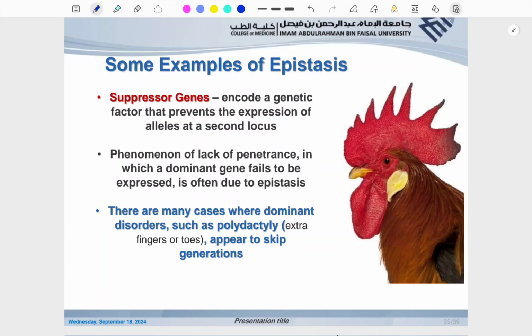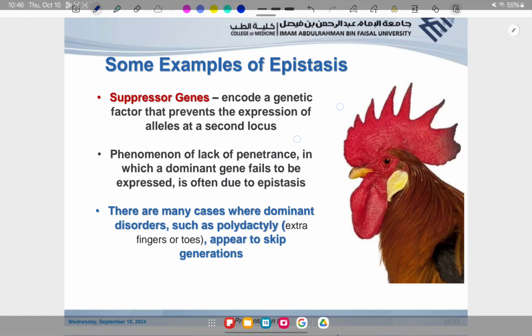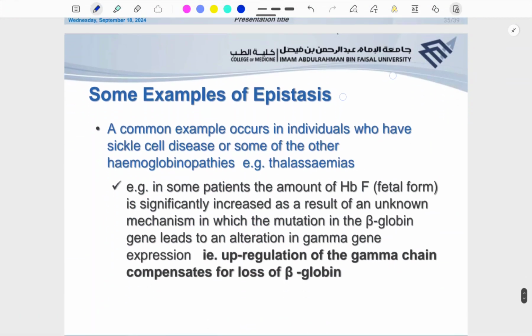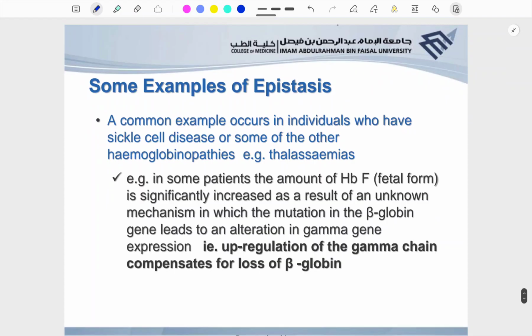Example of epistasis. A common example occurs in individuals who have sickle cell disease. Our patients with sickle cell disease are born with 50% of their blood as fetal hemoglobin. Adult hemoglobin is alpha 2 beta 2. Fetal hemoglobin is alpha 2 gamma 2.